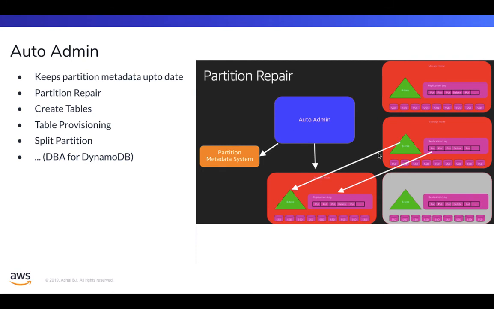And if, let's say, a storage node fails and you want to bring up a new node, it would use the B tree and replication logs, perform the same operations on them, and produce the same storage node.